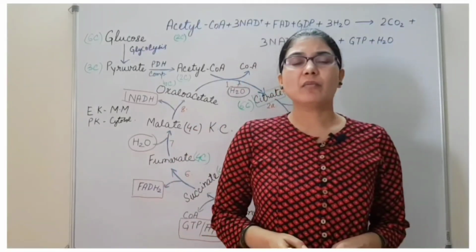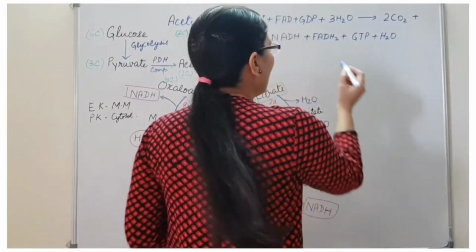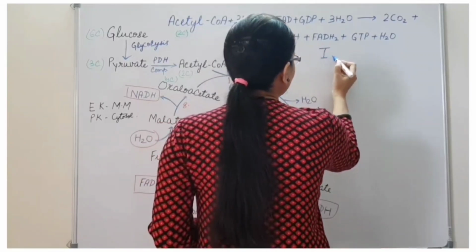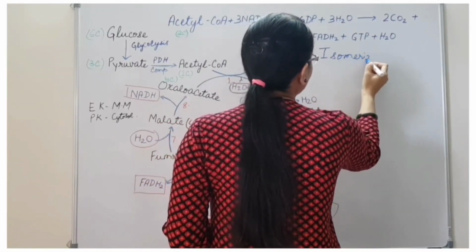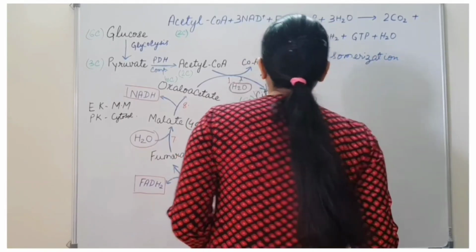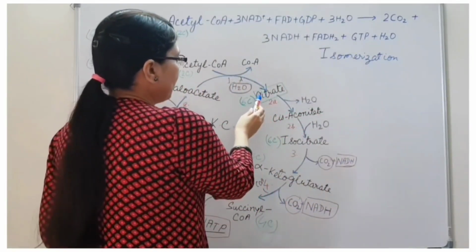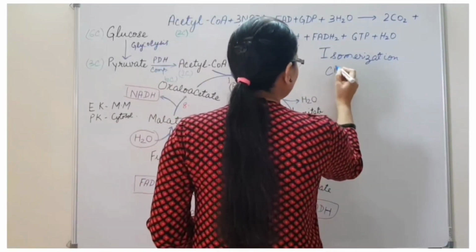Let us understand some of the important reactions of the Krebs cycle. One is the isomerization. This is taking place in step number 2, citrate to isocitrate.